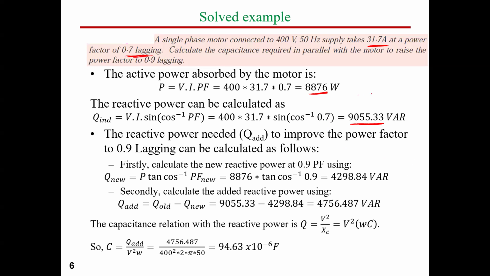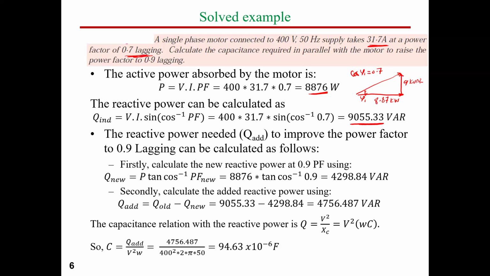This is the first case: P, Q, and this is S. We have Q equals 9 kilovar, P equals 8.87 kilowatt, and S we didn't calculate, no problem for the time being. This is phi 1, and cosine phi 1 equals 0.7.